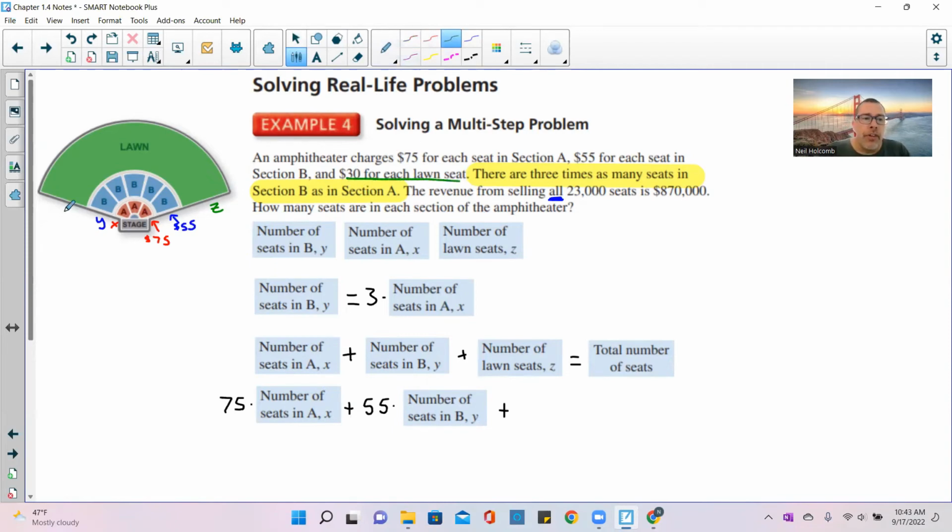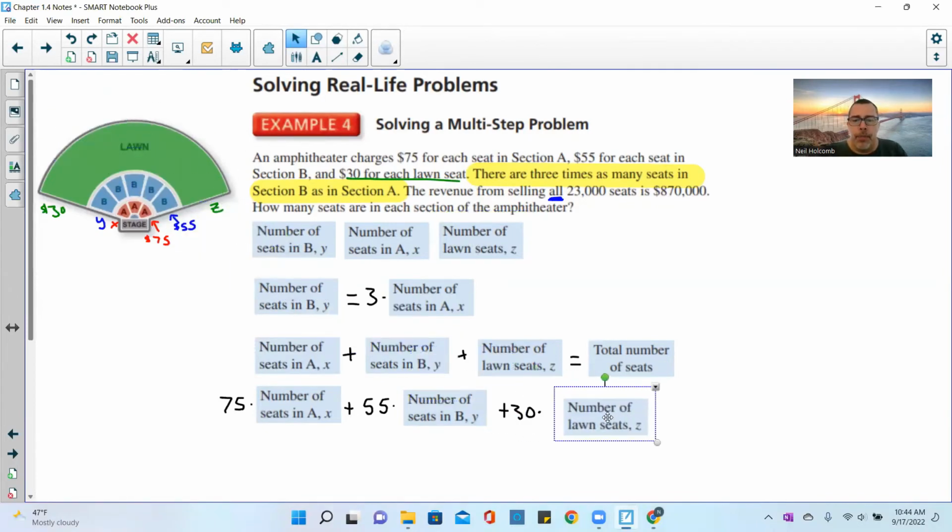I forgot to write that over here. These are 30 bucks, so it's going to be 30 times the number of seats in Z. So now we have 75 times the number of seats in A plus 55 times the number of seats in B plus 30 times the number of seats in Z, and that is going to equal the total cost, or the total revenue.